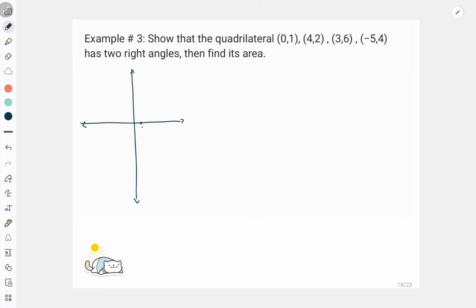0, 1, 4, 2, 3, 6, and negative 5, 4. So this is the quadrilateral.